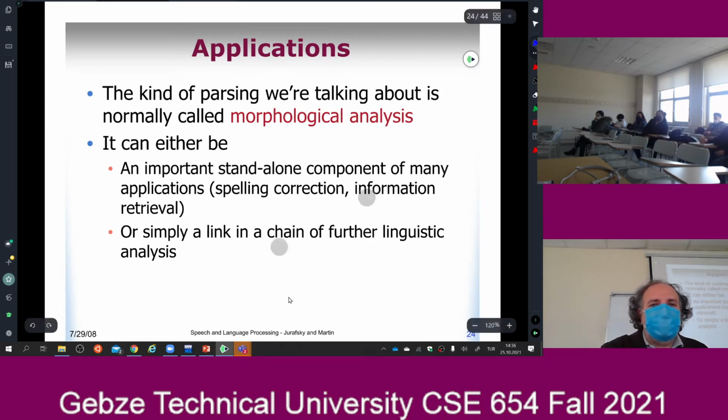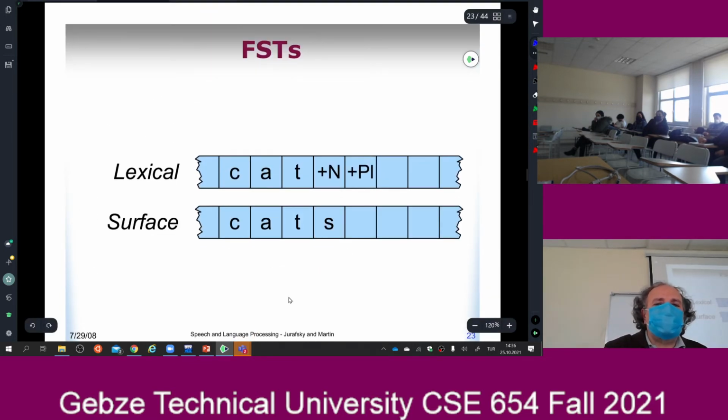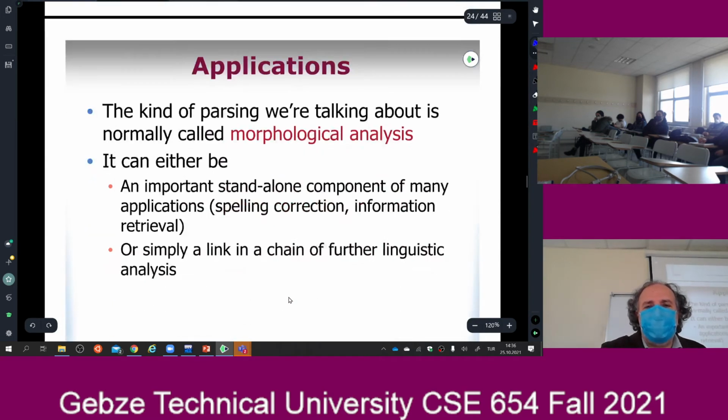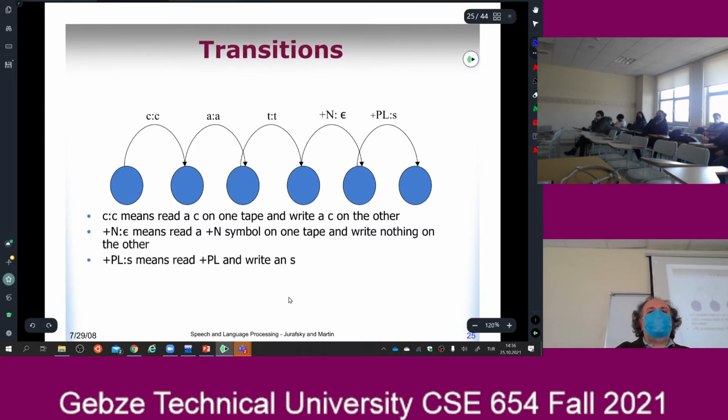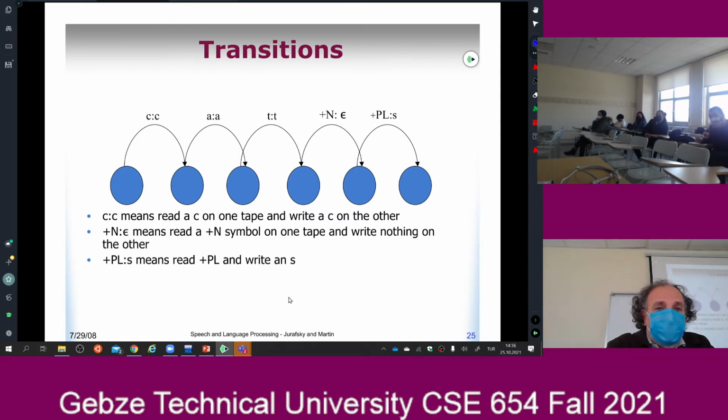Okay, so whatever the reason we are doing morphological analysis, a finite state transducer like this will be the way to go. And with the finite state transducer, of course, we have states, start state, end state. There are transitions and transition rules, inputs and alphabet, etc. But for every step from one state to another state, there are now two things that we have to deal with. One is the input, the other one is the output.